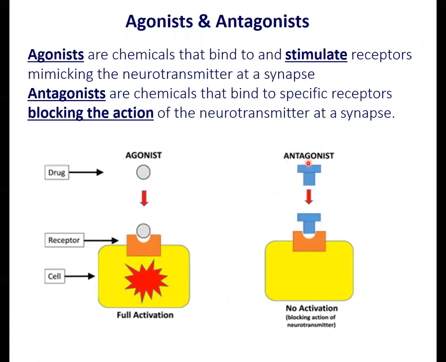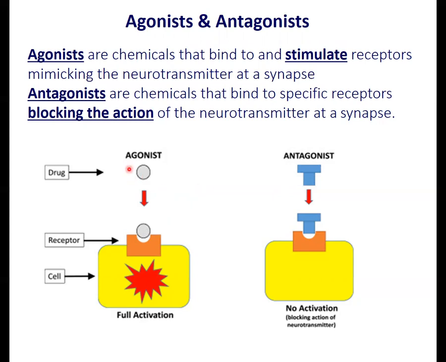You need to know the difference between an agonist and an antagonist. On the left, we've got an agonist. An agonist is a drug that is very similar to the neurotransmitter, so in effect it mimics the neurotransmitter at the synapse.